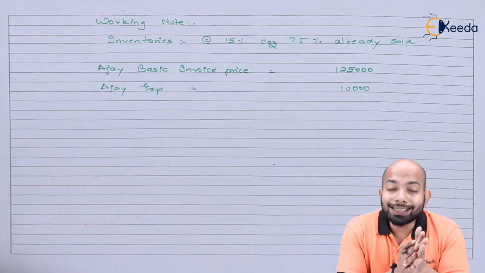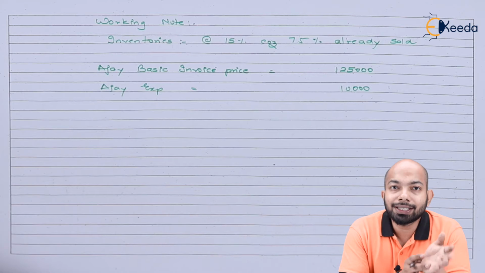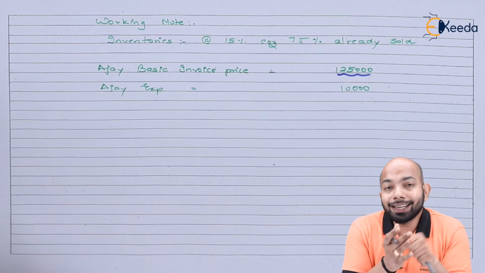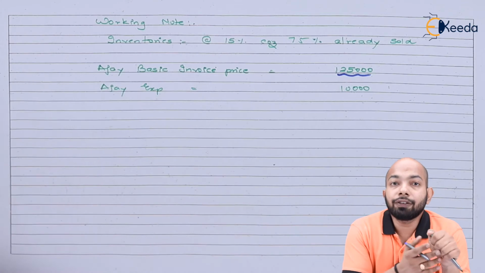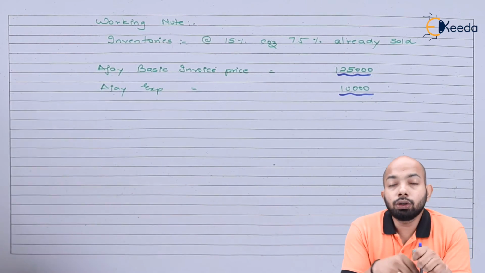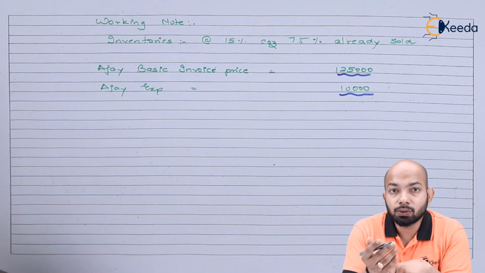Now the total of Ajay's basic consignment at the rate of 125% is 1,25,000. The consigner's expenses is 10,000, which we have calculated earlier. So the total value of the consignment is 1,35,000.